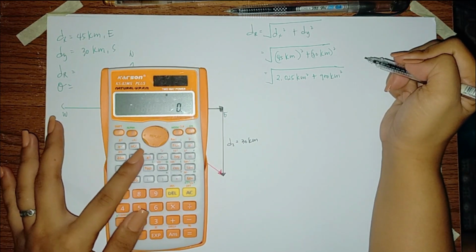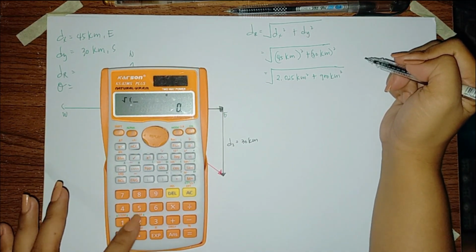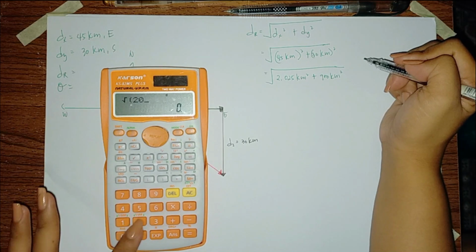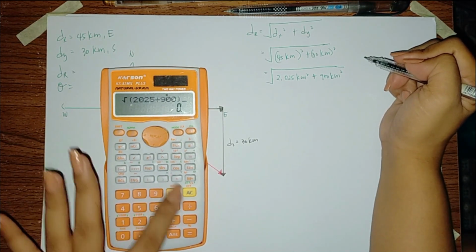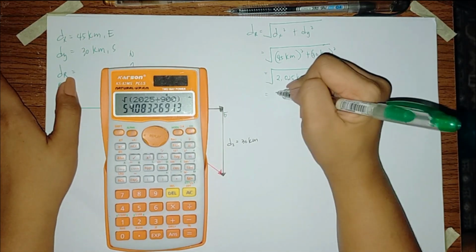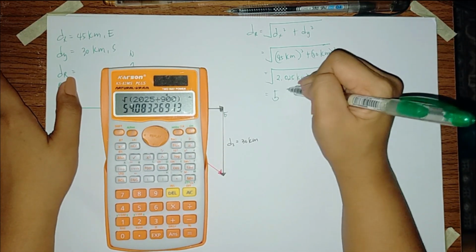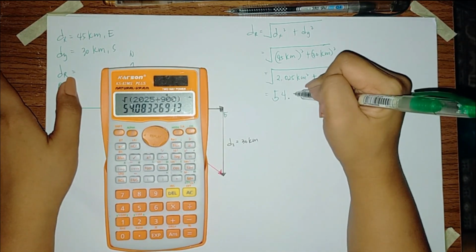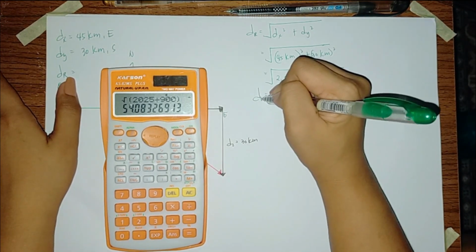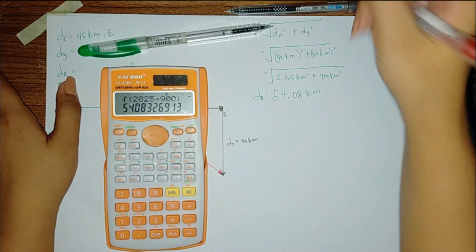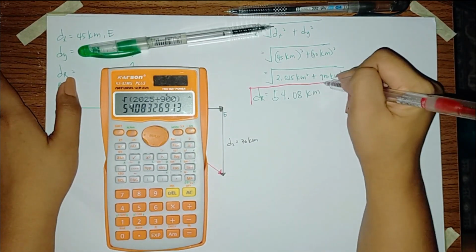Now, let us have here the square root of, in parenthesis, 2025 plus 900. So, we have there 54.08 kilometers. And this is now for the d sub r.